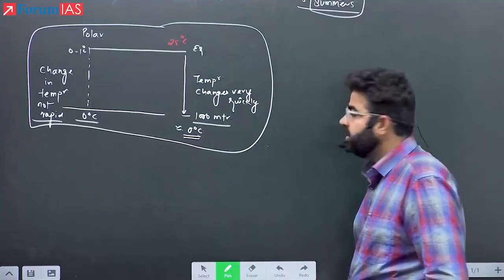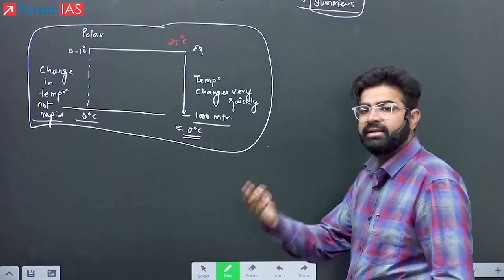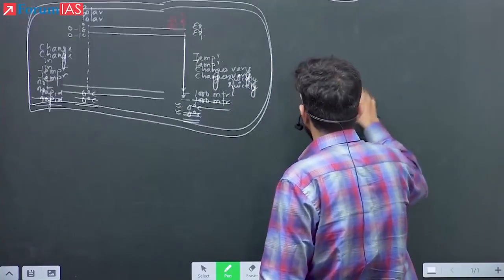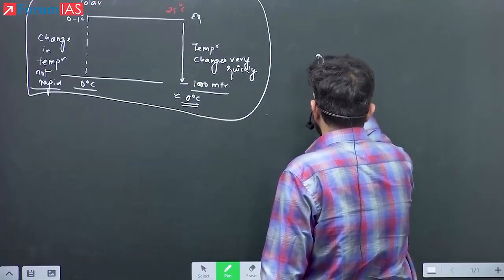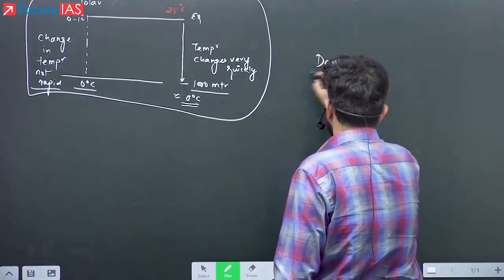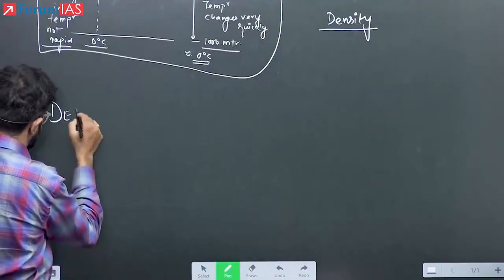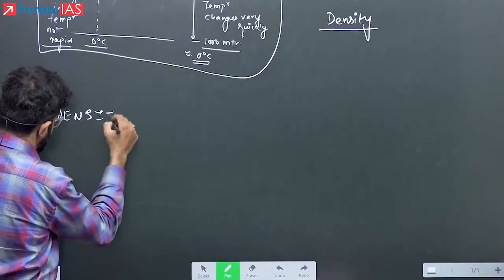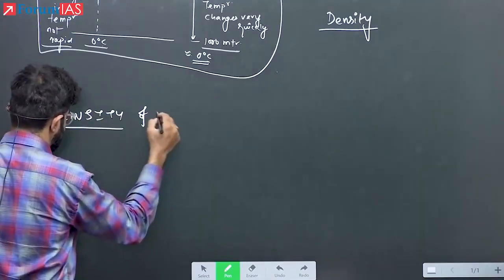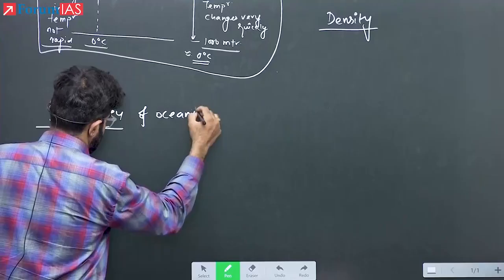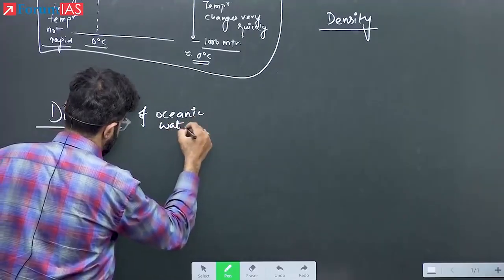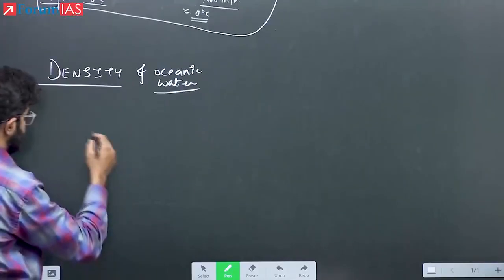Now, before salinity, density rather. Density of oceanic water.